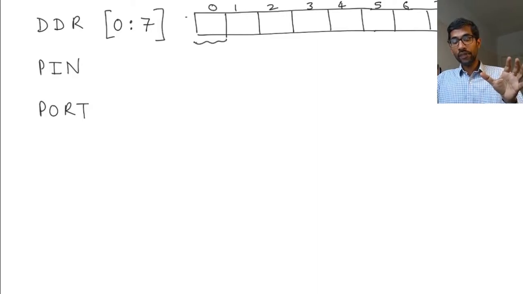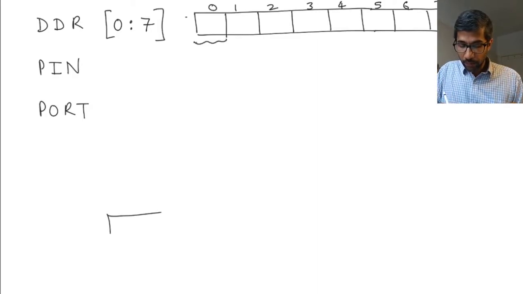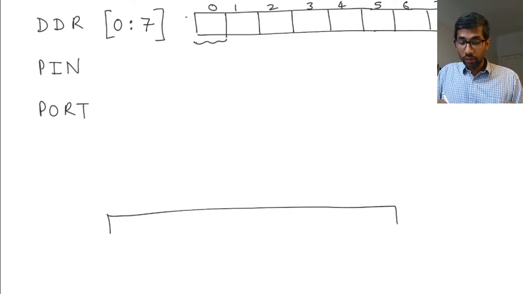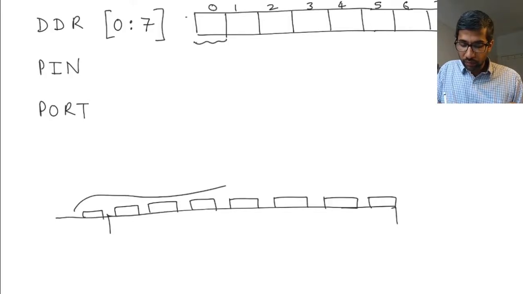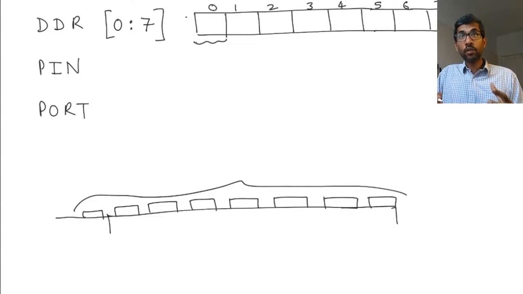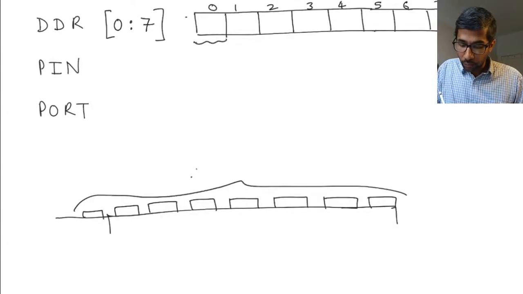So what people have done is they have taken the microcontroller pins. You have these different pins on a microcontroller. As I said before, there are 28 pins on Atmega 328. And what you do is you take 8 of these pins and you group them together and call them an input output port.